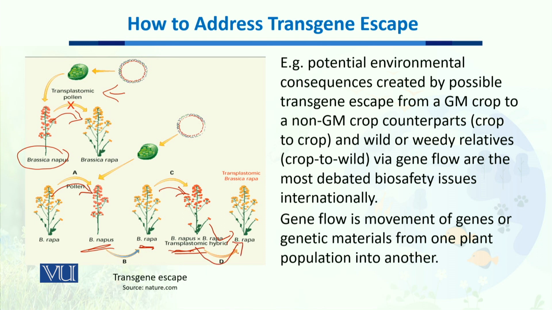So you can see that there are certain ways that normally the transgene cannot be transferred from Brassica napus to Brassica rapa directly.